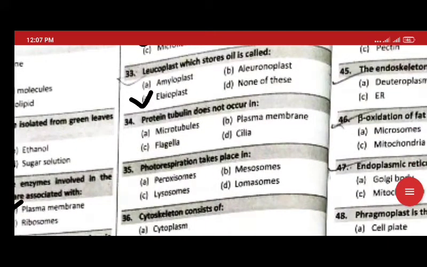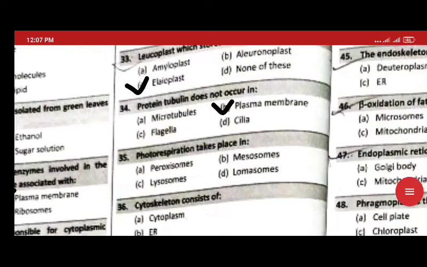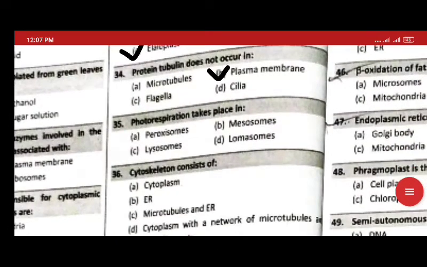Now protein tubulin doesn't occur in, so protein tubulin doesn't occur in what? Plasma membrane, so B is the right option. Now photorespiration takes place in, photorespiration always takes place in peroxisomes, so we can say photorespiration takes place in chloroplast, peroxisome and mitochondria, these three.